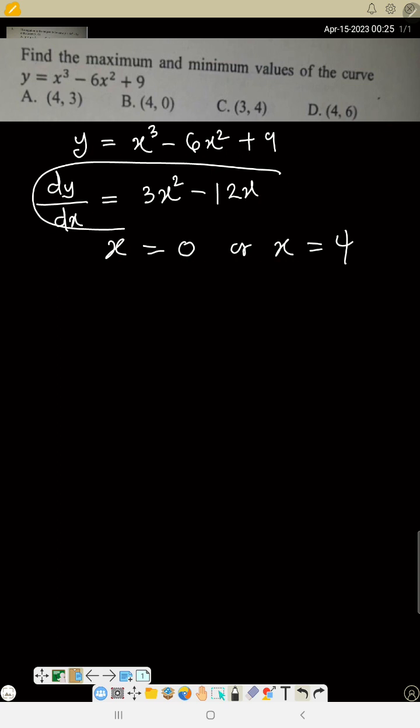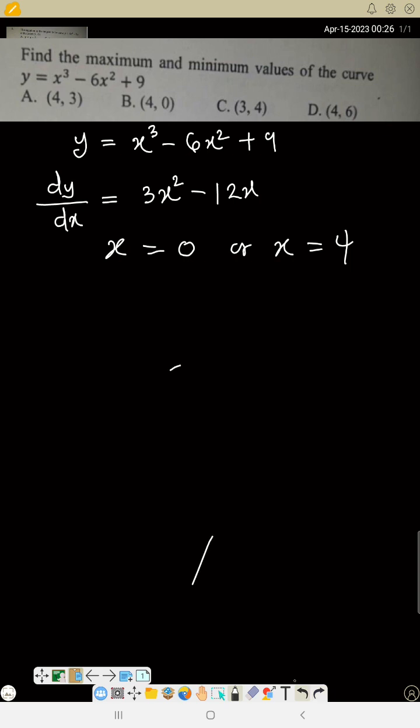So you need to differentiate this again. If you stop here, x is 0, this is the minimum or maximum value of x, but the question did not actually ask for x, so we have to find for y. So I will know in their options.